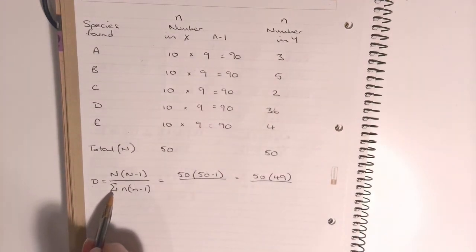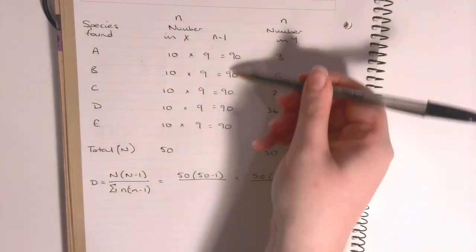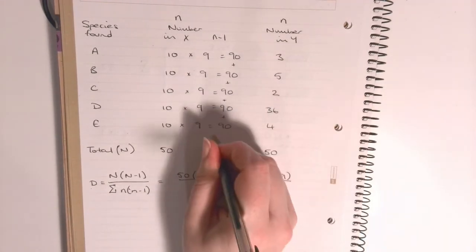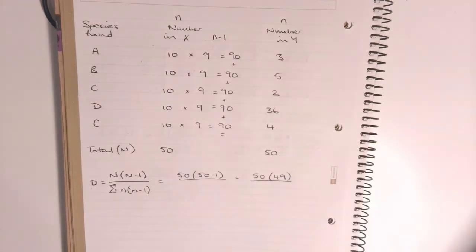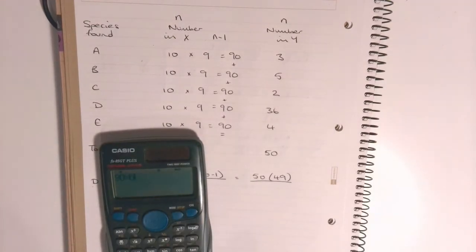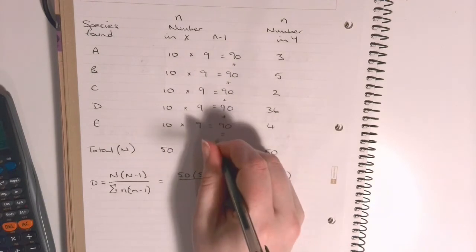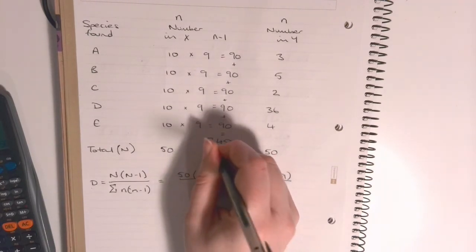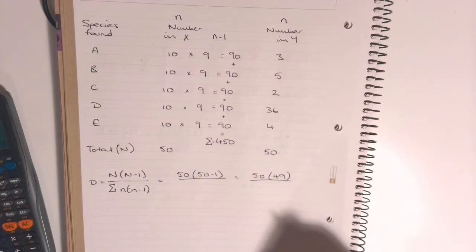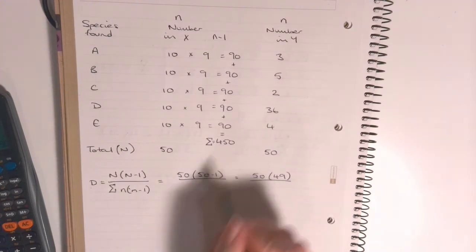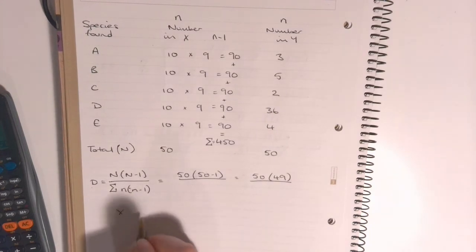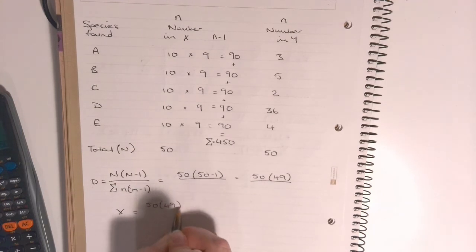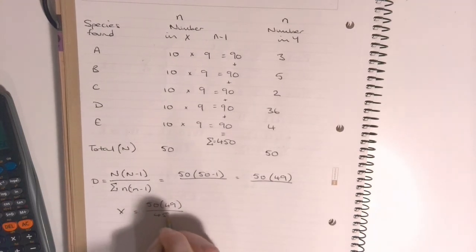Remember, this figure means sum of, so we need to add these all up. So that's 90 times 5, which is 450. That's our sum of, so that's our bottom line for X. So for X, we've now got our top line, which is 50 times 49 over 450.